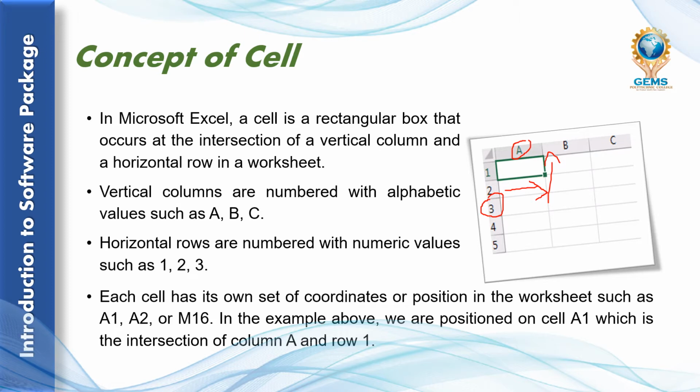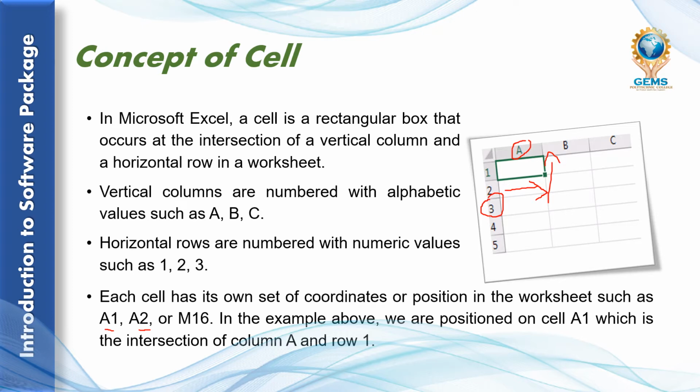So each cell has its own set of coordinates or position in the worksheet, such as A1, A2 and M16, etc. A1, A2, A3, etc. You can see here, for example, the selected rectangular box is one cell.